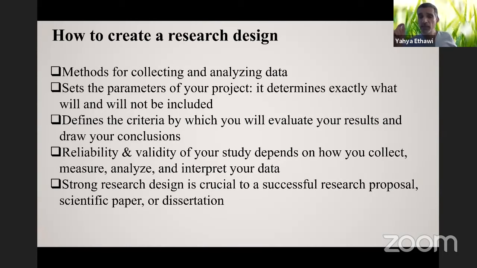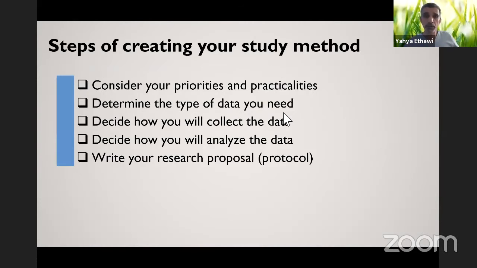A strong research design is crucial for a successful research proposal. Now, remember that when you write a study, the facts are not enough. There is something called priorities and practicalities.